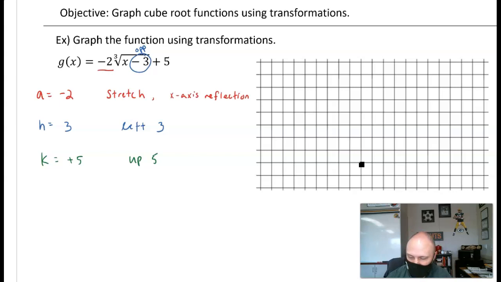So since I'm going left, I'm going to place my y-axis a little bit to the right. Maybe here. I kind of just counteract my transformations. So into the left. And then since I'm going up, I'm going to place my x-axis down, especially since I have a multiplier.